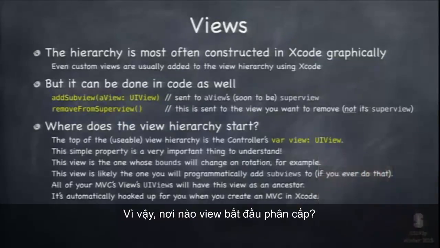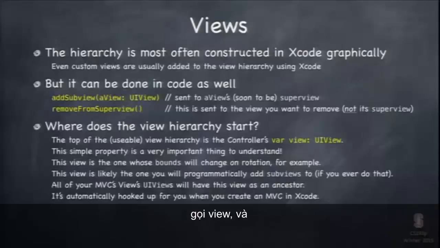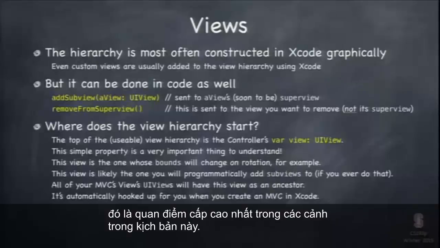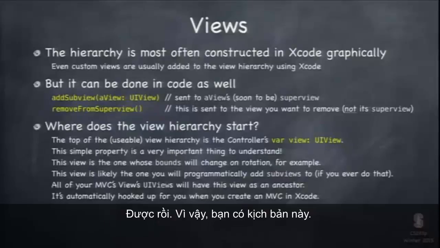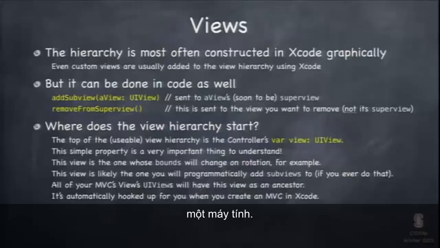All right, so where does the view hierarchy start? Where's kind of the root, the top level of this view hierarchy? And the answer is very simple, but for some reason students have a very difficult time understanding this one. There is a property in your UIViewController called view, and it is the top level view in the scene in the storyboard. Right? So you have the storyboard, you've got your scene that we've seen, like your calculator one.